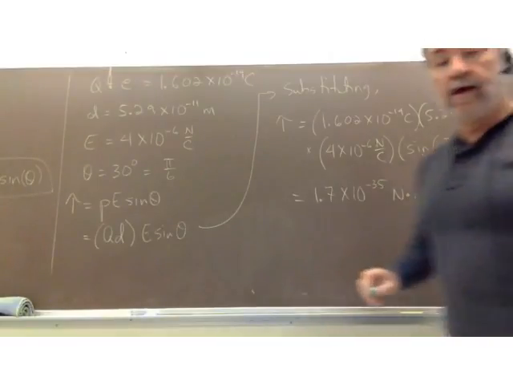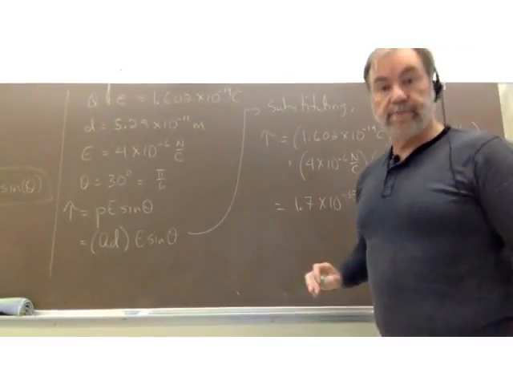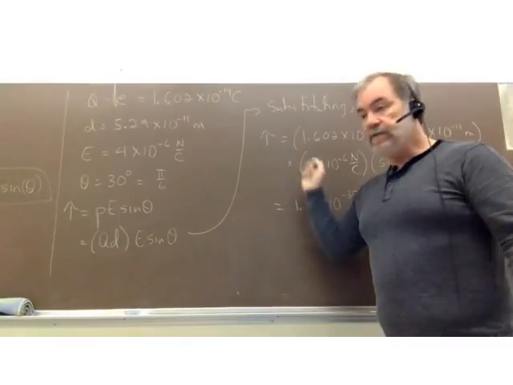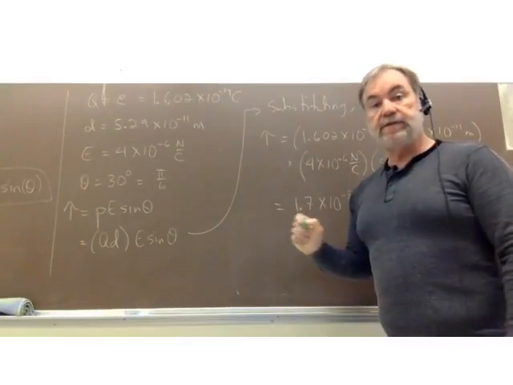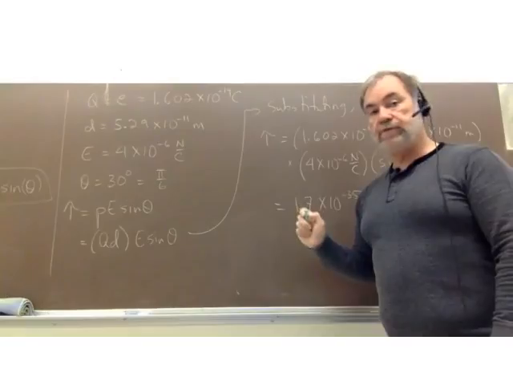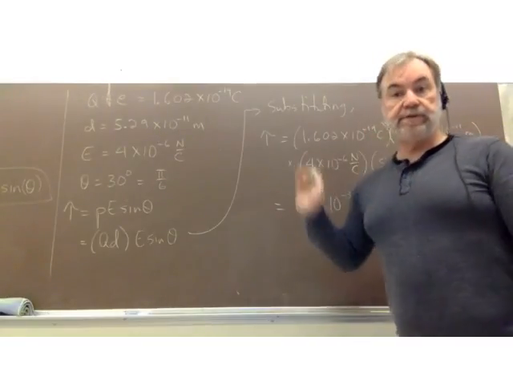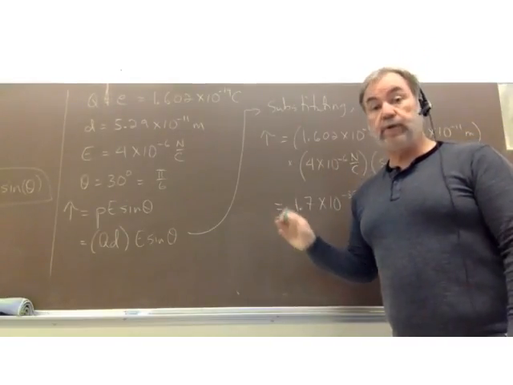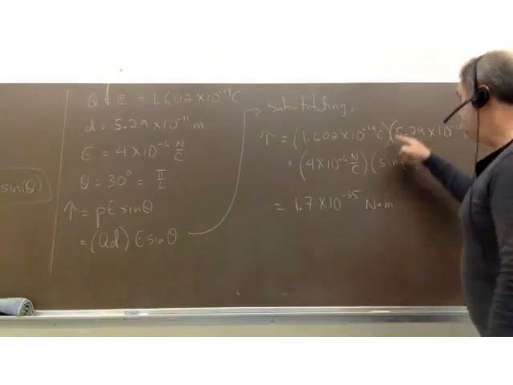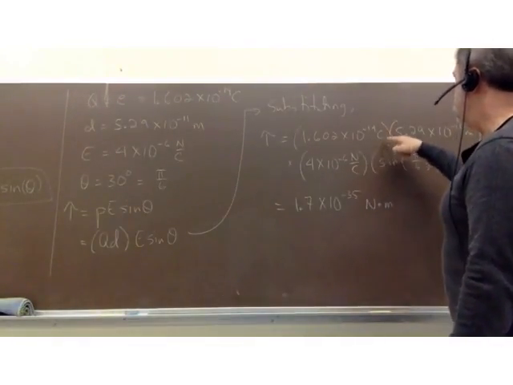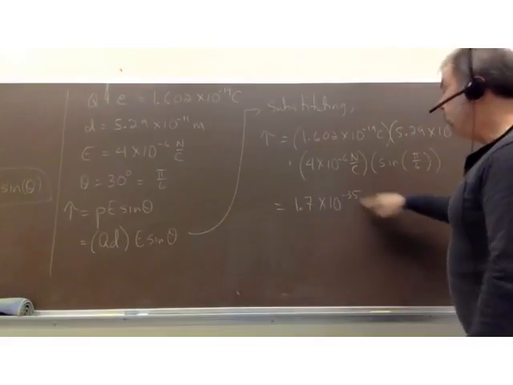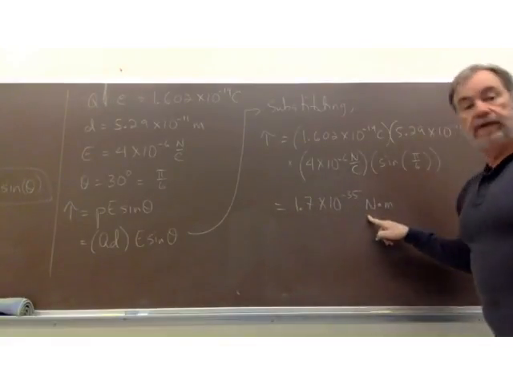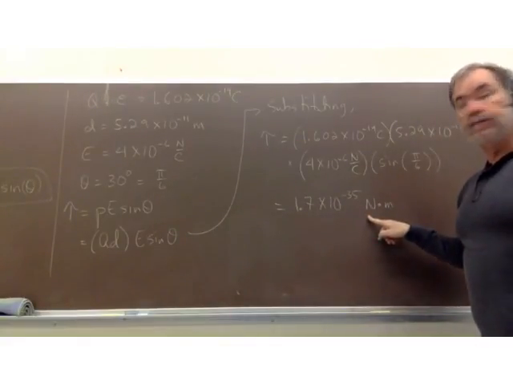And this, by the way, I'm not erasing, and I'm not going to re-record this, because this is an important thing. This is a sanity check. This is how you know whether you went wrong. The reason I paused the recording and fixed it is that my units weren't working out. But I checked, and I finally figured out where my problem was. Since I'm calculating a torque, I know the answer has got to come out with units of newtons times meters.